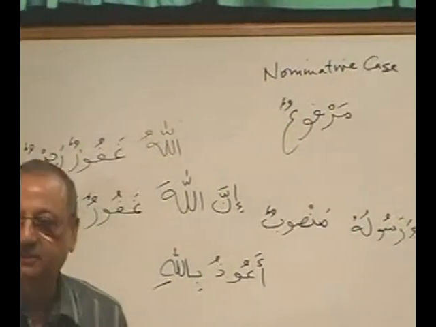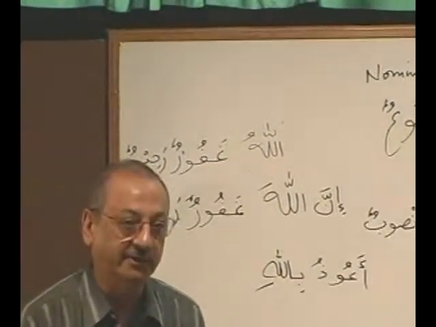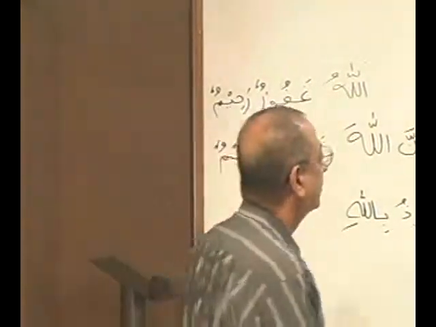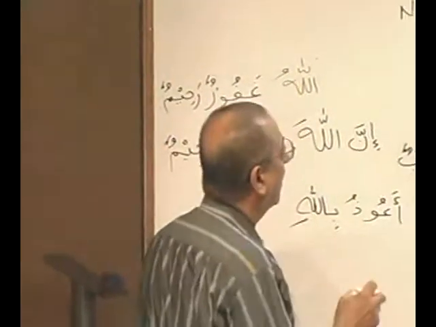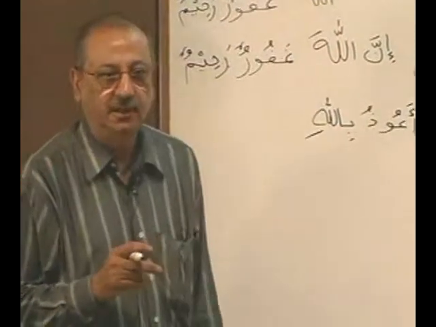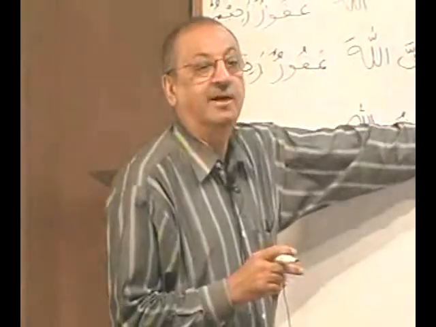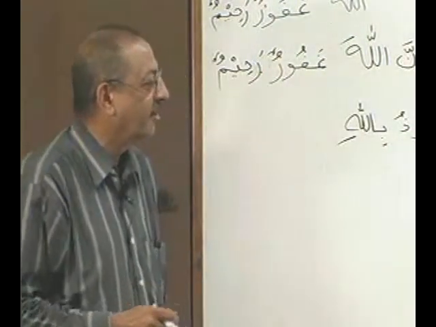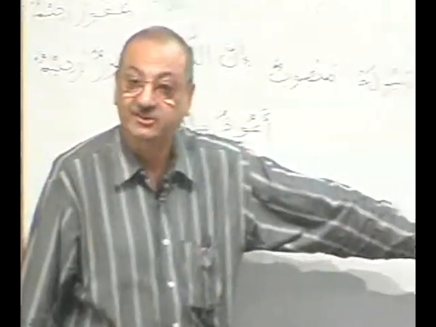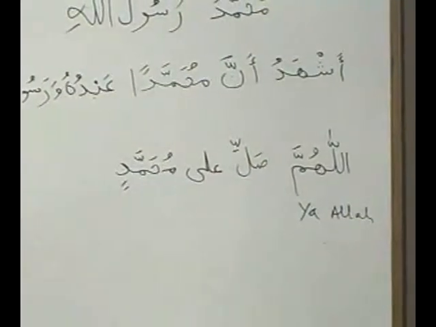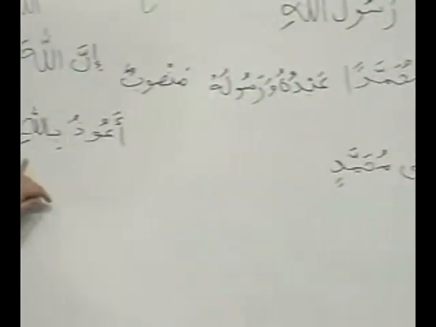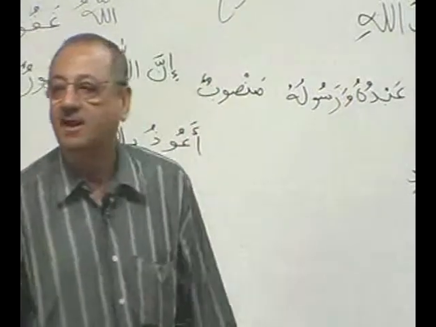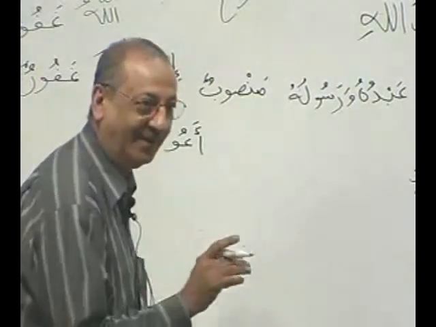It is mansoob. What do we call it in English? Either you call it objective case or accusative case. It's mentioned there. Objective case or accusative case. Are you with me, brothers and sisters? But we will memorize these terms that I'm writing. Now if the noun ends with a kasra, be it a tanween or one, we will say the noun is majroor. Not majboor, majroor.